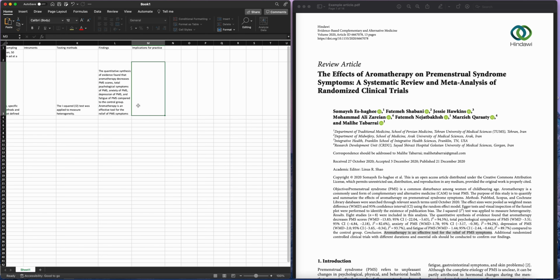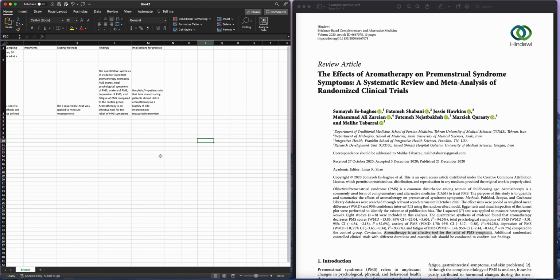Implications for practice. I'm a nurse. I want to bring this in. Hospitals / inpatient units that take menstruating patients should utilize aromatherapy as a quality of life improvement measure / intervention.